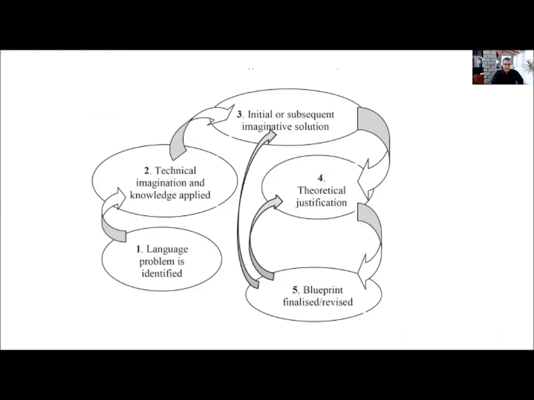This is not the only innovation that you have. We've re-looked, for example, at the phases of test design, and we have a new understanding that I think is more realistic than any other of what goes into language test design from the time that the language problem is identified right through to the time when the blueprint is finalized and can be used for further tests.